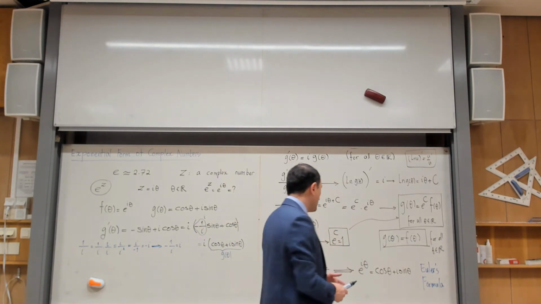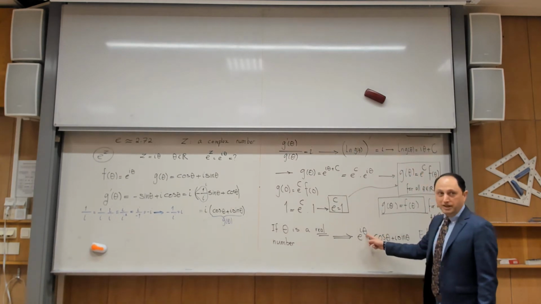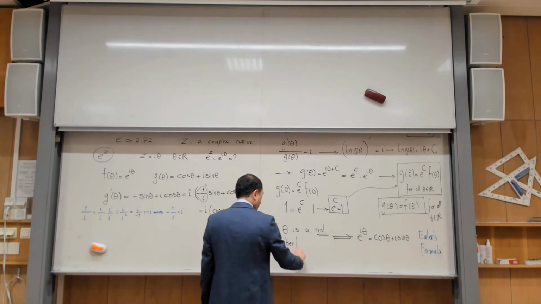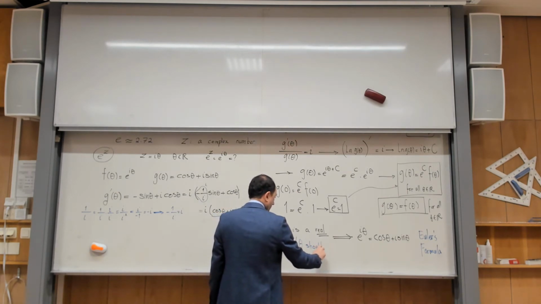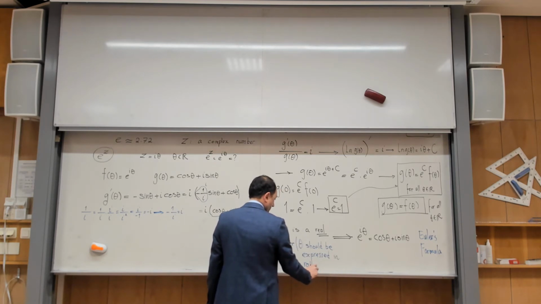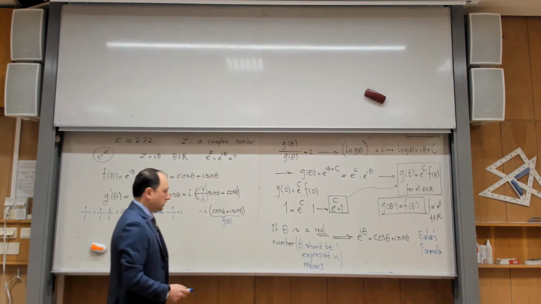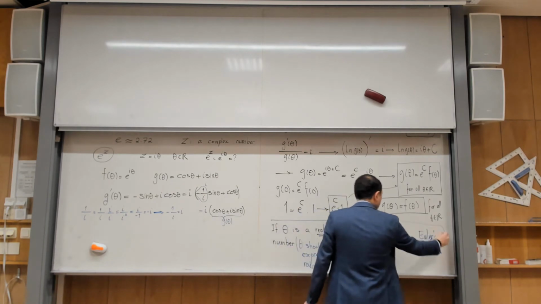So this is important, that for this formula to work, theta should be expressed in radians. So let me also emphasize that. Okay, so that is the formula that we had now.